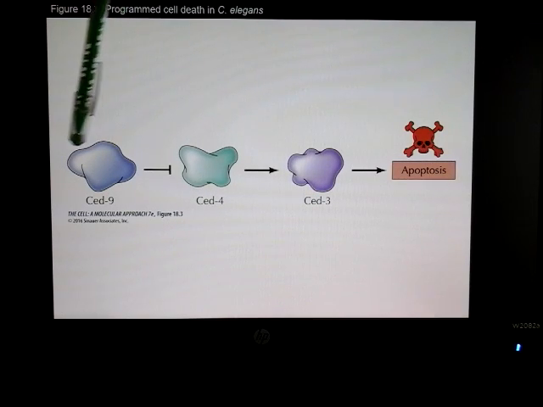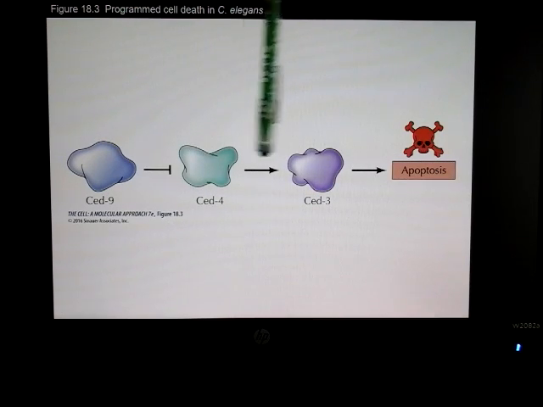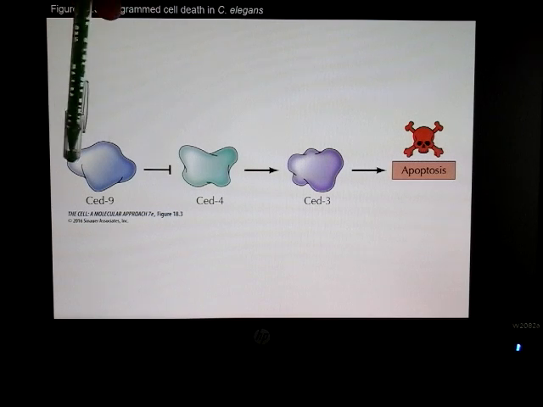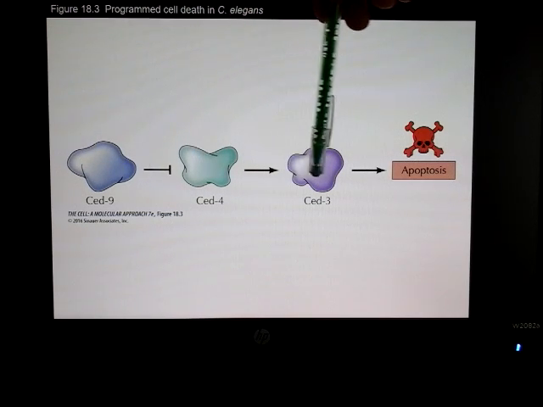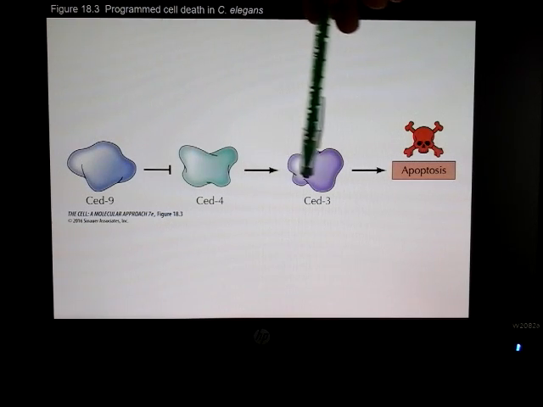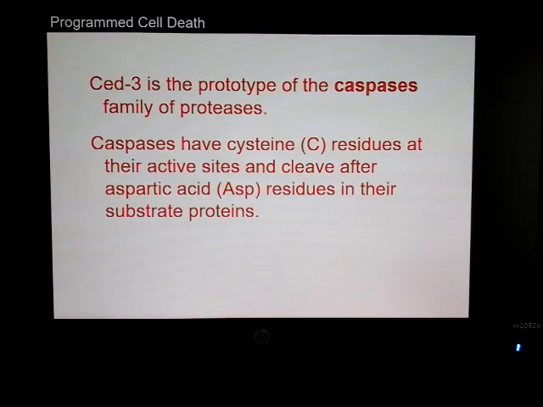So at the time that they were studying this, and this was a while ago, they started noticing these different what they called CED proteins that led to apoptosis. CED3 then is what we call a prototype of Caspases, and this is now what we refer to these proteins as, Caspases. They're a family of proteases.